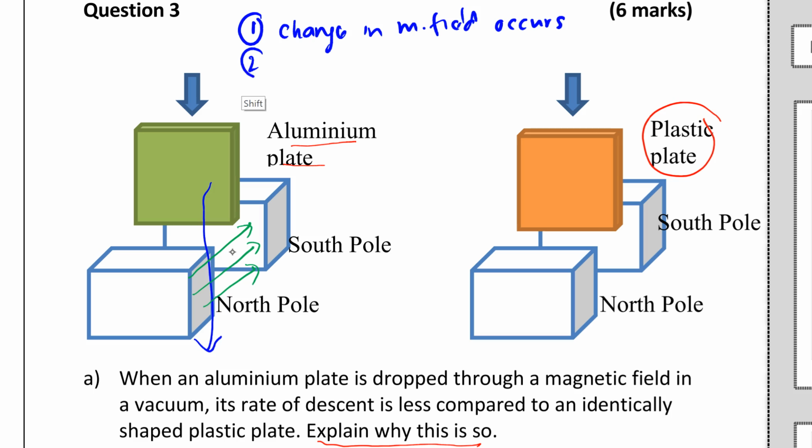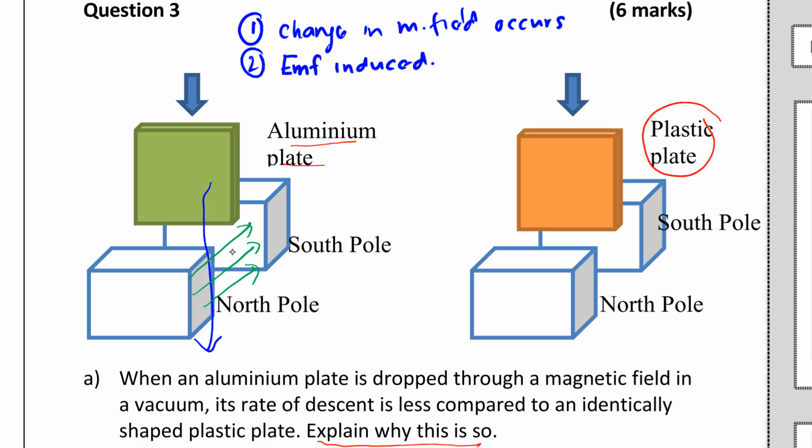Next point, according to Faraday's law, EMF will be induced in the aluminum plate due to the change of the magnetic field. So point number two, EMF is induced due to the change in the magnetic field.